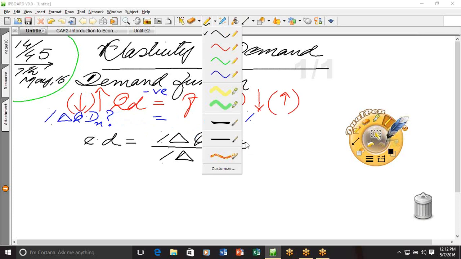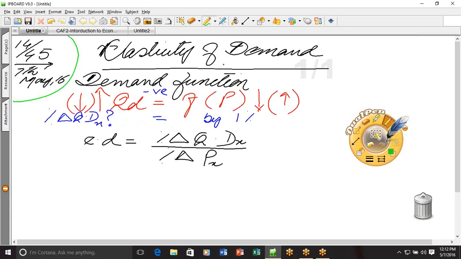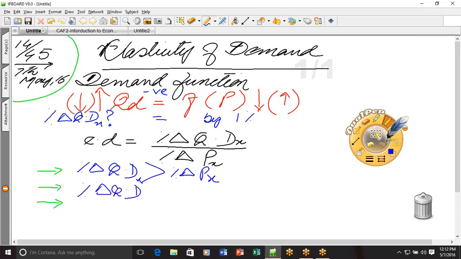और अगर इन दोनों की रेशियो से ही elasticity of demand है तो there may be three options clearly. Either the quantity demand can respond more than change in price, or change in quantity demand can be equal to the percentage change in price, or the quantity demand change is less than percentage change in price.